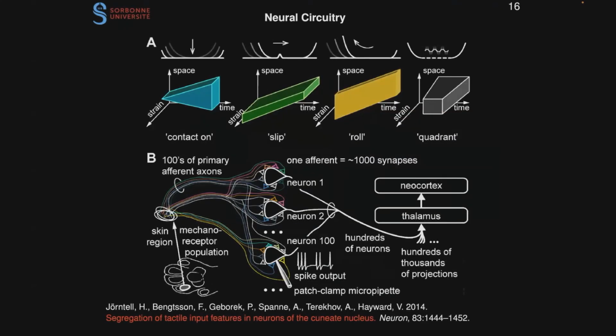So what we've been able to show is that if we drive the tactile system with different types of stimuli which differ in terms of their temporal or spatial characteristics, then these different cuneate neurons are actually not tuned. That's what we were hopeful of, but it didn't happen. They were not tuned at all to a specific stimulus, but what they could do is separate them apart, and that's really the key point.